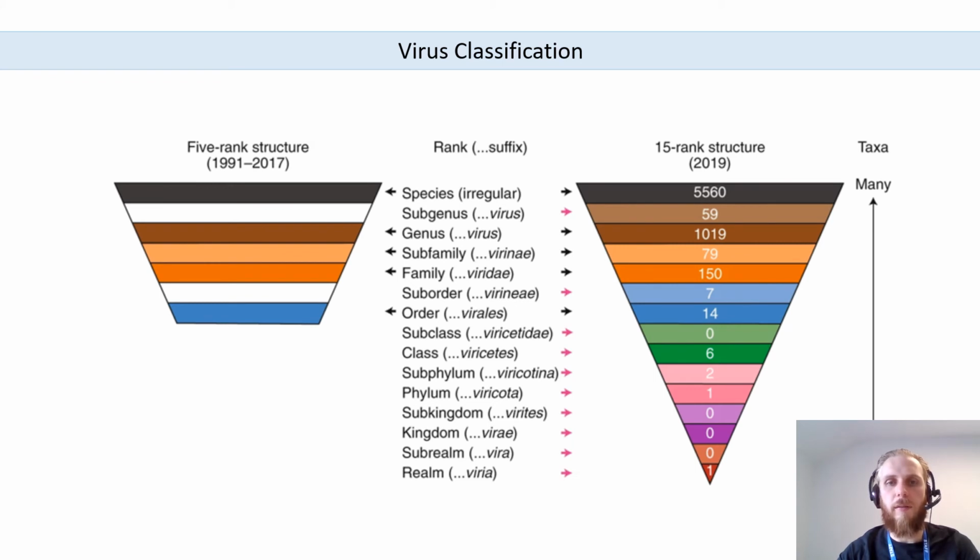Okay, and here's a paper I just want to draw your attention to. It's a fairly recent paper in which the authors tried to put together a system for classifying viruses. So again, as we've said, there are these massive problems with classifying viruses phylogenetically. Every now and again, a paper will come along trying to impose a bit more order on the systems that are in place.